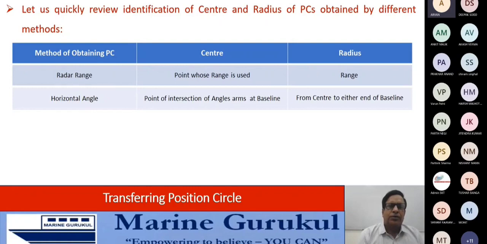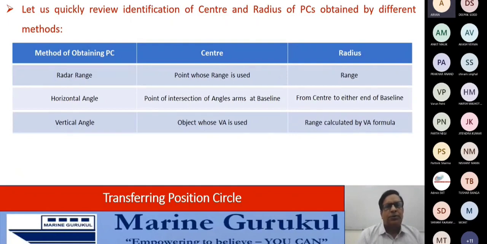In case we have used the concept of horizontal angles, then the point of intersection of the angle arms drawn at the baseline becomes the center of the circle, and the distance from the center so obtained to either end of the baseline gives you the radius of the circle.